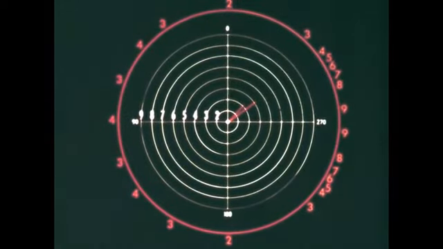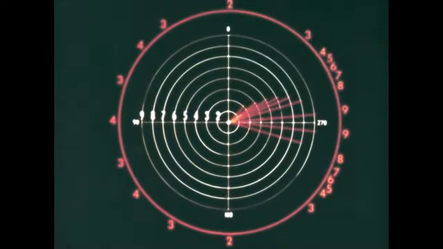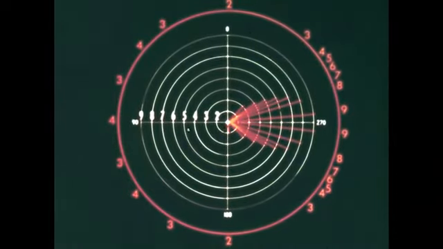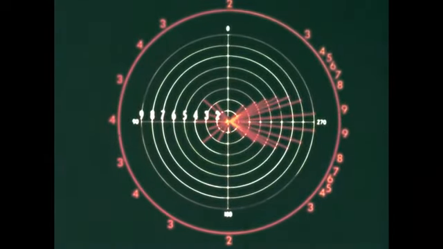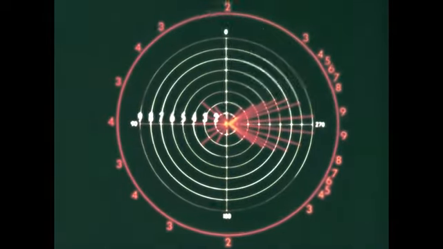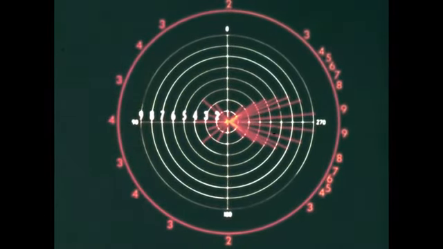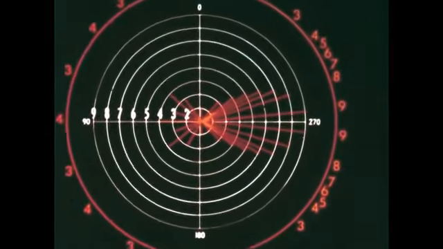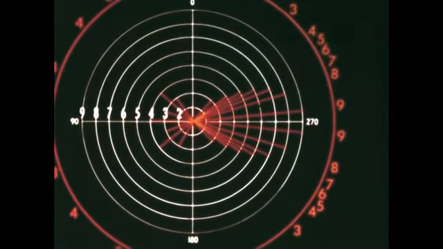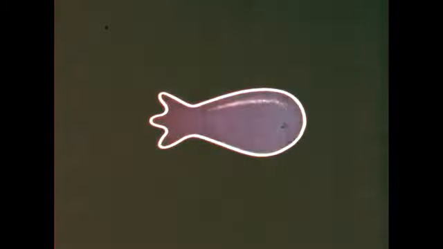By continuing the plot in this way, we obtain a series of vectors. These vectors represent the strength and direction of the field. Joining the tips of the vectors, we obtain the antenna's polar diagram. The complete polar diagram is three-dimensional, and it enables us to visualize an antenna's radiating characteristics.